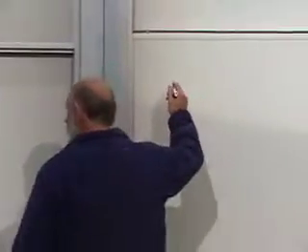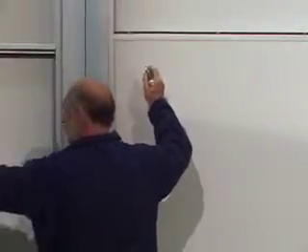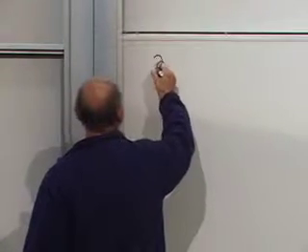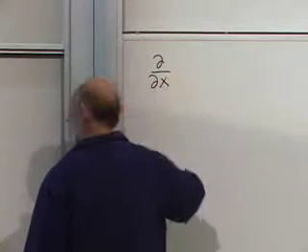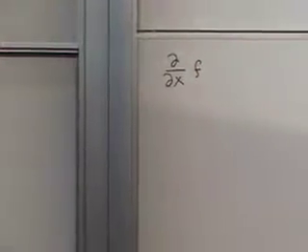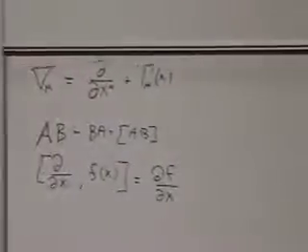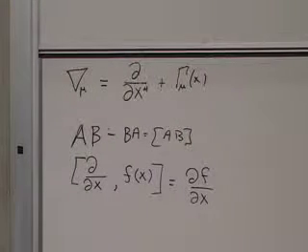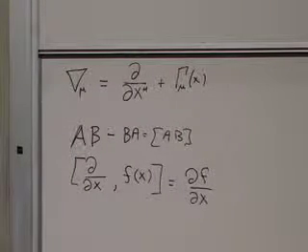Let's see what the meaning of this is. First of all, the first term is d by dx f of x. That's one term here. And the other term is minus f of x d by dx.